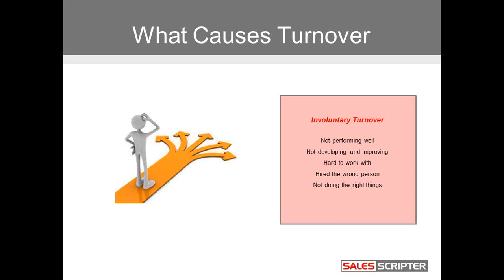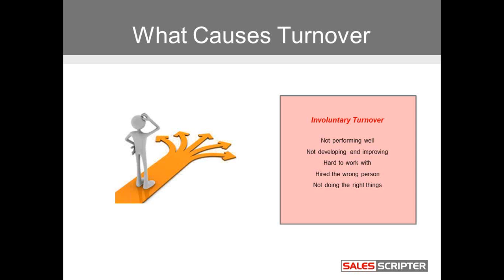They have a pattern of not meeting their targets, and they also might not be developing and improving in the eyes of the manager. You know, they came out of new hire training and they've plateaued out. They haven't gone to that next level, so they might need to leave the organization. They're hard to work with. You know, they are a salesperson who is not following direction or orders.